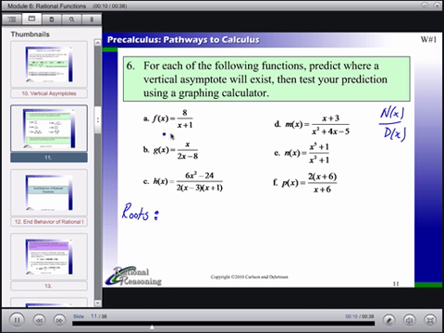So values of x that make it 0. If we have a rational function, how are we going to get a fraction to equal 0? 0 divided by anything is 0, right? So the roots of a rational function are the roots of the numerator.